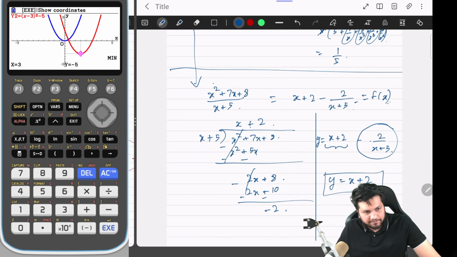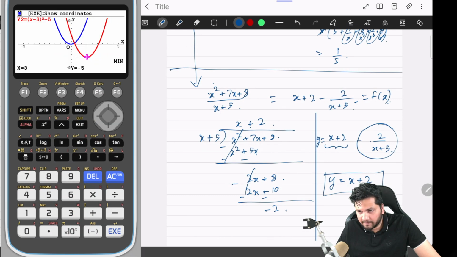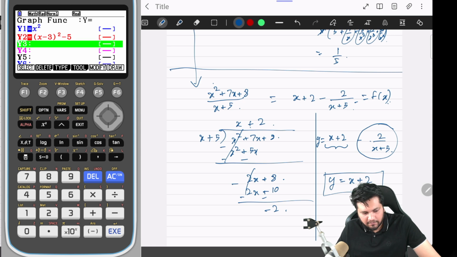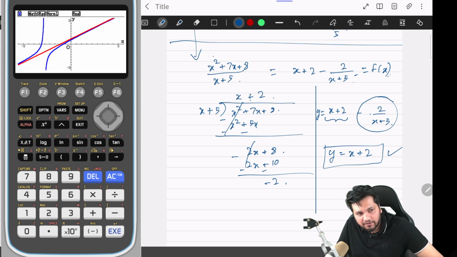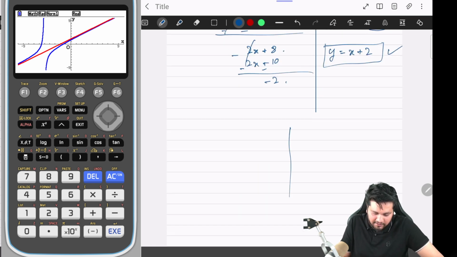So see, let me just draw this function. Now I have drawn these two graphs. I've typed x square plus 7x plus 8 upon x plus 5, the same one, and this x plus 2, which is this line. If I draw this graph, this red line is your x plus 2 graph.